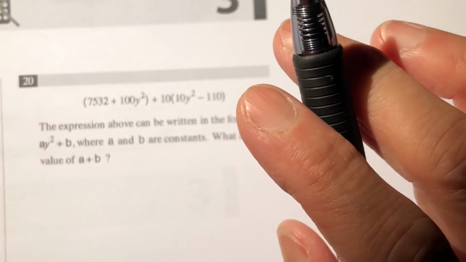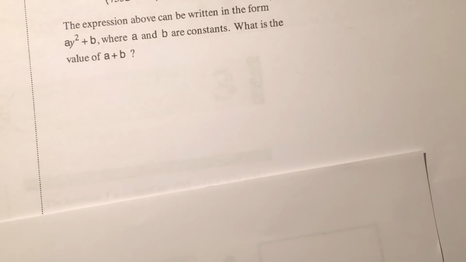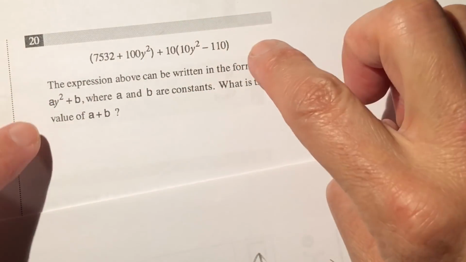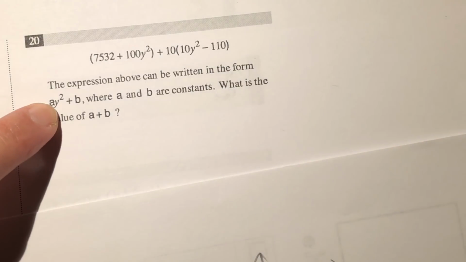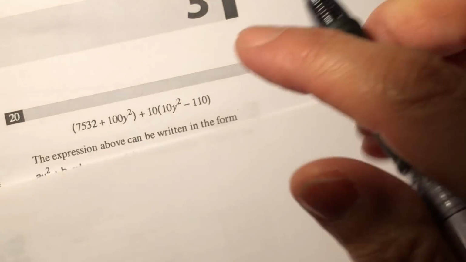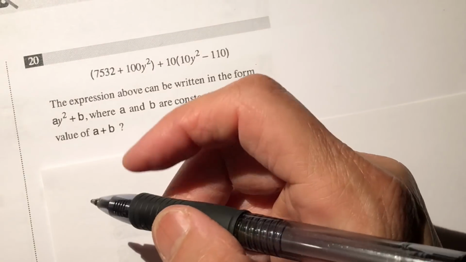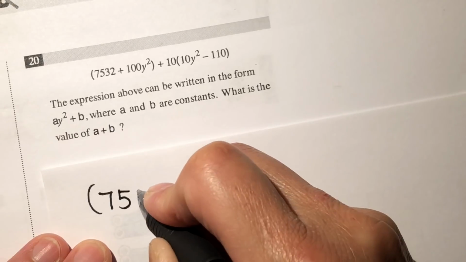So we will honestly just transform it into ay squared plus b. This is English poetry, but we are not in poetry class. We write the equation in an elegant, simple, minimalist math equation.